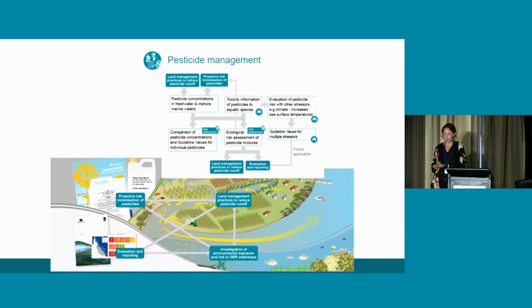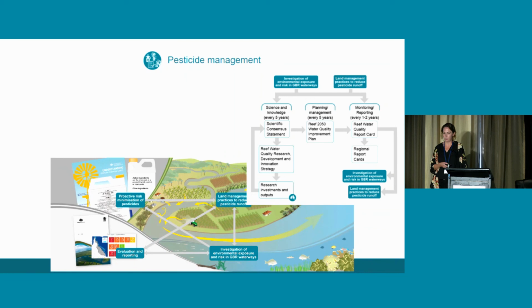So if a risk is determined, then the next step is to evaluate the magnitude of that risk. Do we need to set targets, which we have done? And then to set actions, give feedback to land management practices, and to evaluate and report on whether those land management practices are having an effect at reducing that pesticide risk.